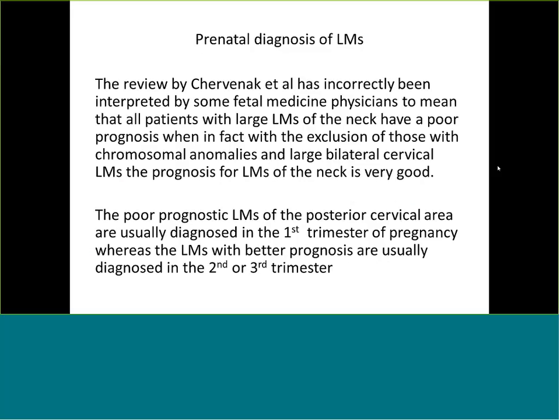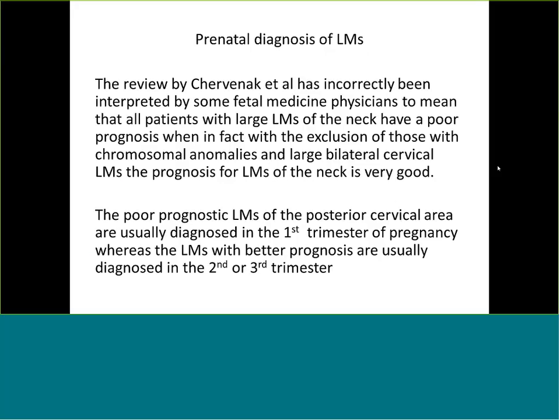These were lesions that were primarily posterior. They were very large. Some of them extended all the way down the back of these fetuses. If you take the babies who don't have chromosomal abnormalities and don't have these very large bilateral cervical lymphatic malformations, the prognosis for our babies with lymphatic malformations is very good.